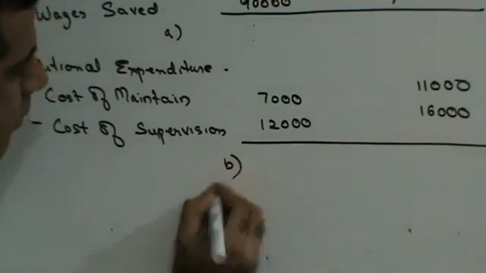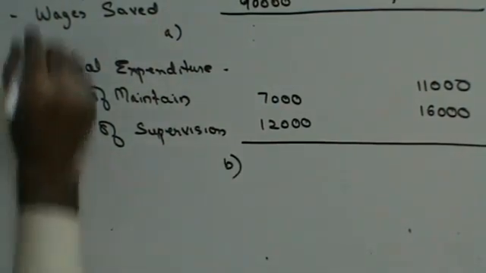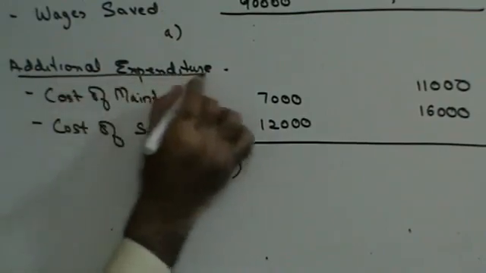So you will get here B, the total additional expenditure. In that case, you have additional savings, additional expenditure.